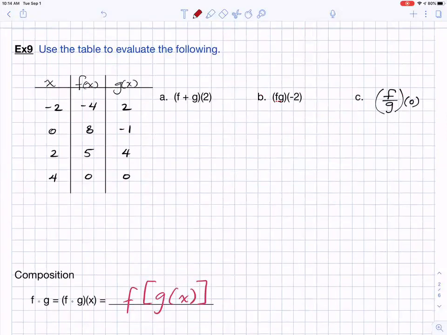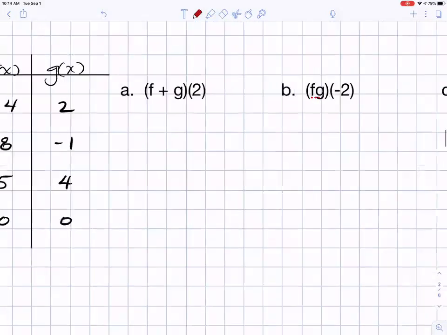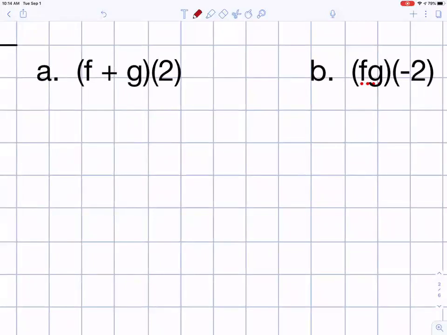Okay, use the table to find the following. I'm not going to do all 3 of these. Let's do A and C. Okay, A and C. Now, before we even pay attention to the table, what's the better way to think of part A? F of 2 plus G of 2.